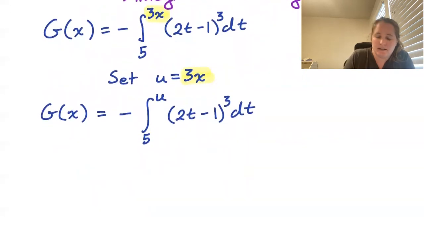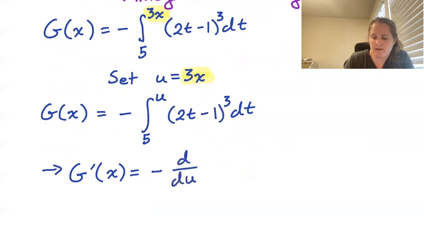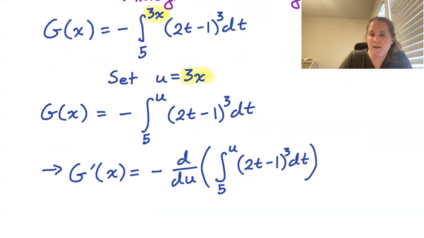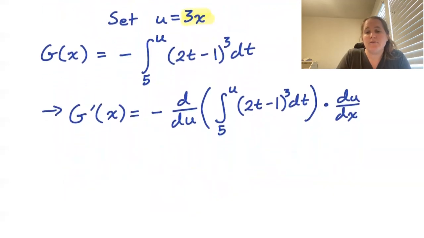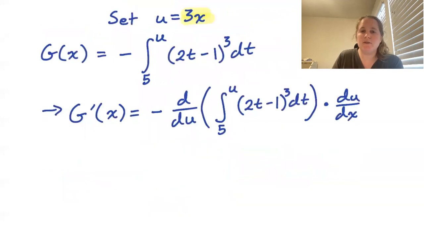Then when we take this derivative, we get that G prime of x is equal to negative the derivative with respect to u of the definite integral from 5 to u of 2t minus 1 cubed dt, and then times du dx. So again, fundamental theorem of calculus says if we differentiate with respect to that upper bound, we just plug in the upper bound.